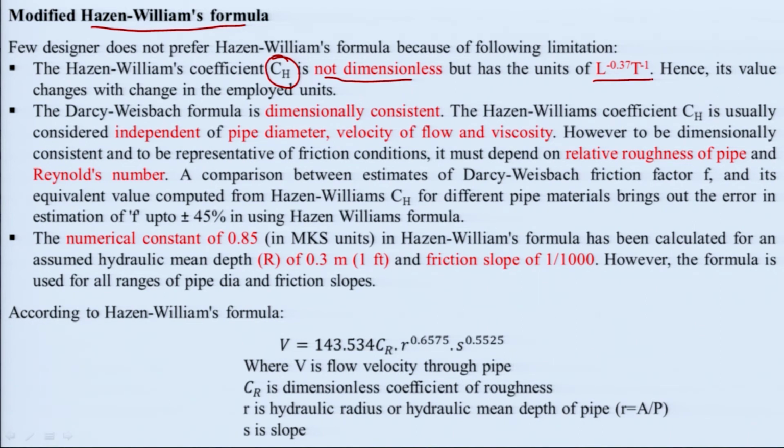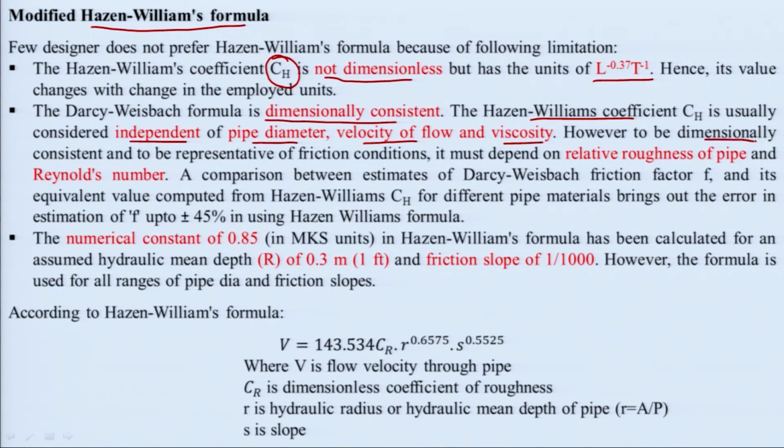Next one is, while considering the value of CH, they considered only limited things. In the case of the Darcy-Weisbach formula, the formula is dimensionally consistent. In the case of the Hazen-Williams coefficient CH, it is considered independent of pipe diameter, velocity of flow, and viscosity.